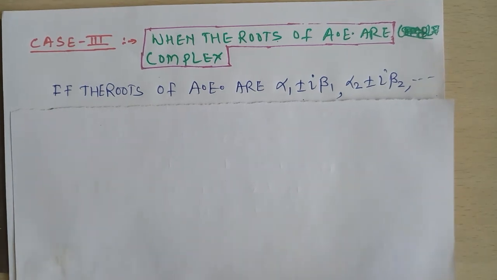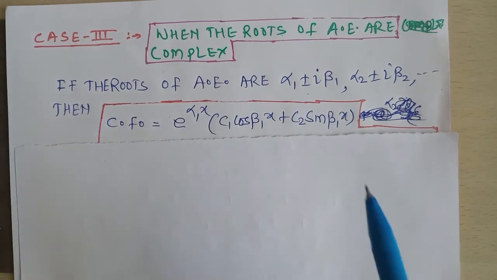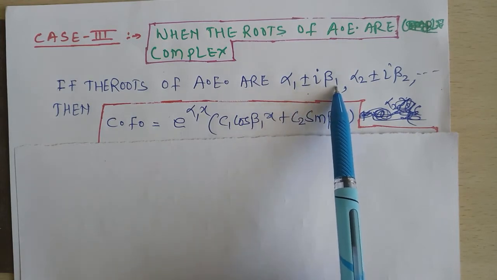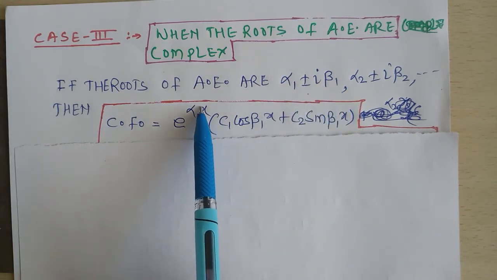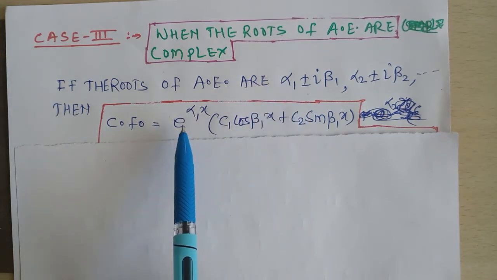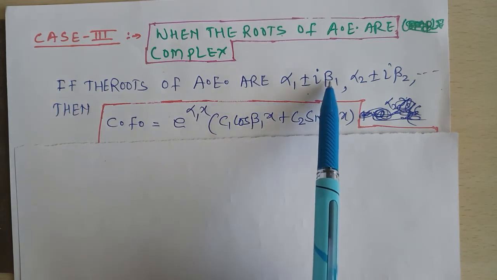In that case, for the two complex roots alpha 1 plus minus iota beta 1, we write e raised to alpha 1x, where alpha 1 is the real part, multiplied by C1 cos beta 1, the imaginary part, the coefficient of iota.